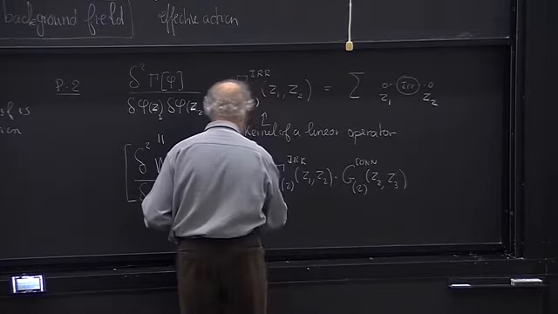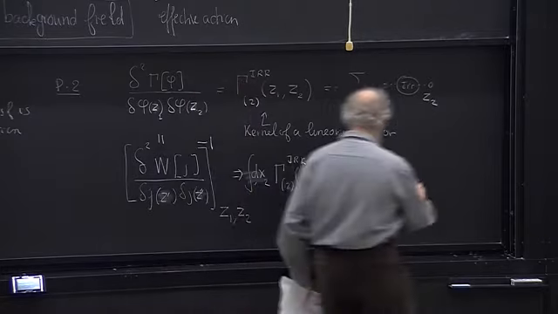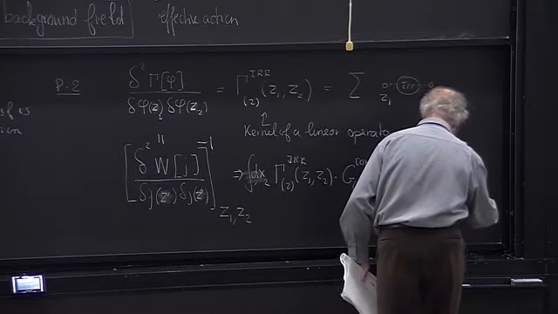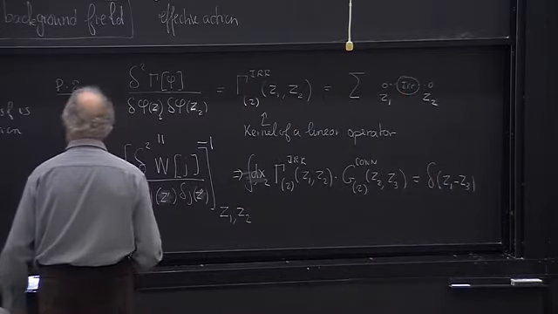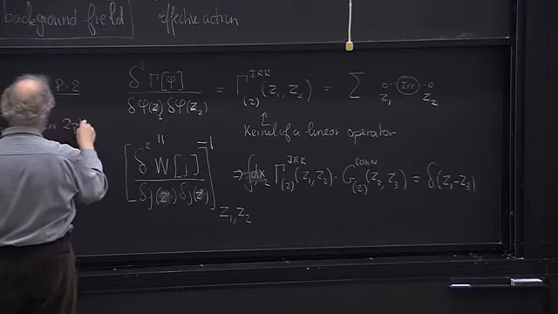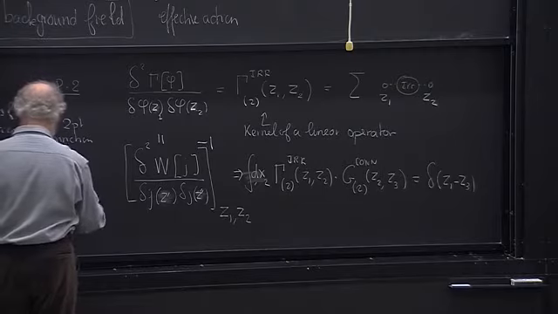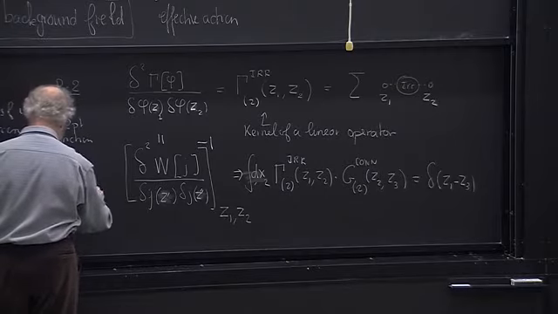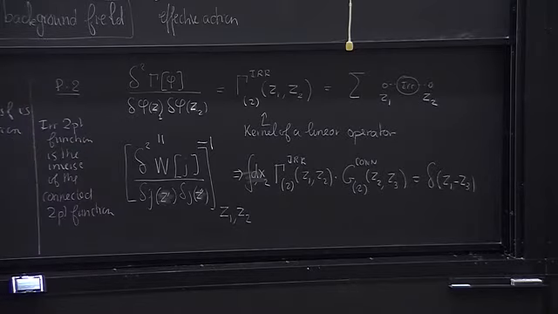This means we are taking an integral over dx2, and we get delta of Z1 minus Z3, which is a matrix element of the identity. So in other words, the irreducible two-point function is the inverse of the connected two-point function. And we are going to see what this corresponds to in terms of diagrams.